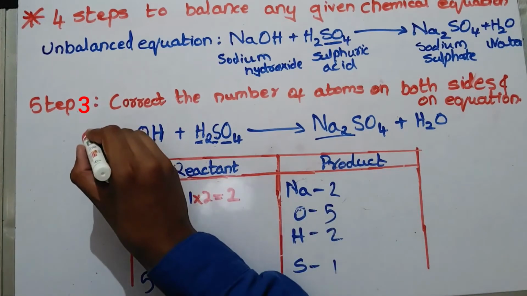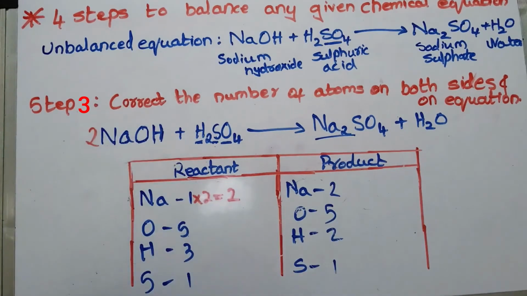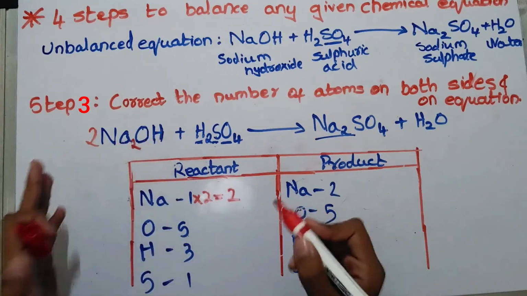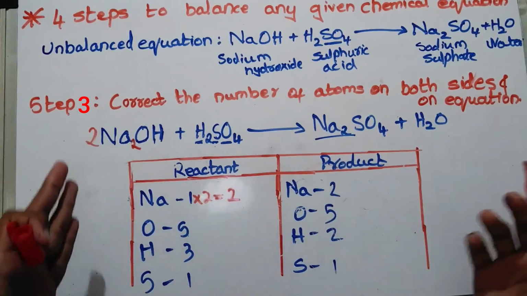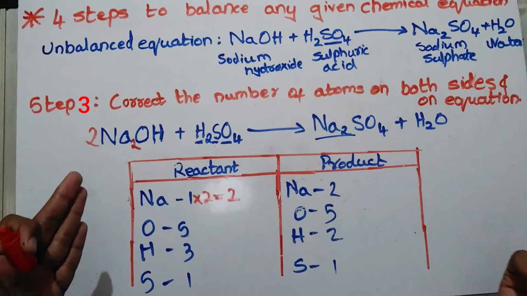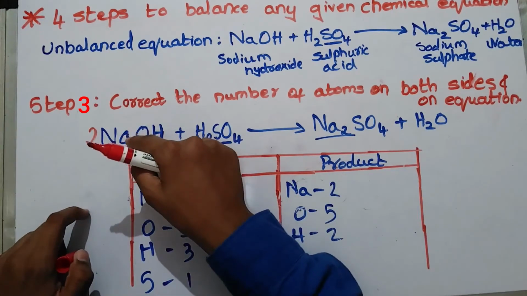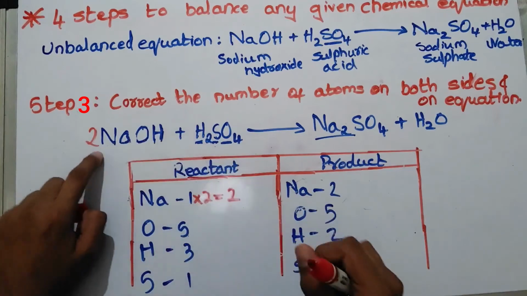So for that I will add 2 here. But if you carefully see, if I write 2 here, it will make a different element, Na2OH, which is not practically existing. We can't change it here, but we can do the changes here.